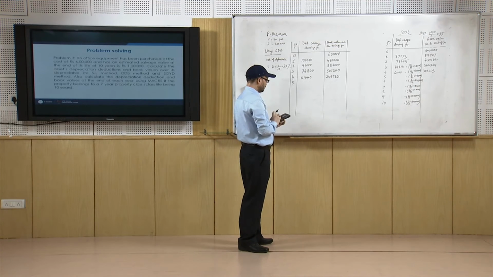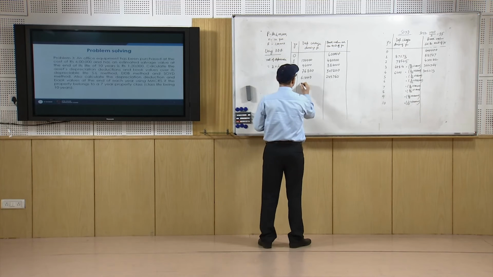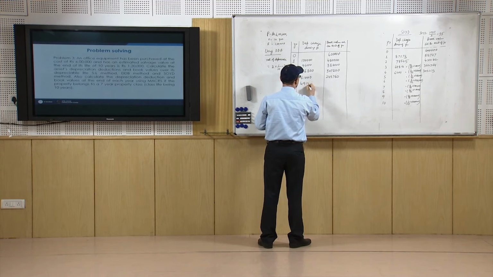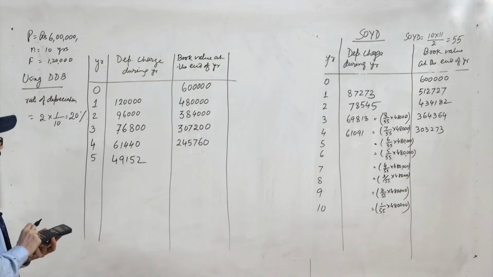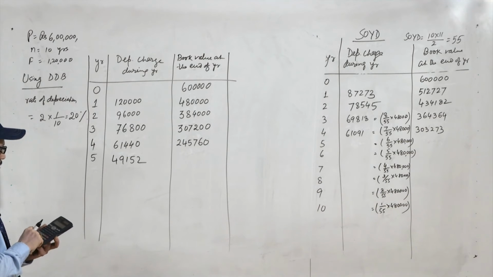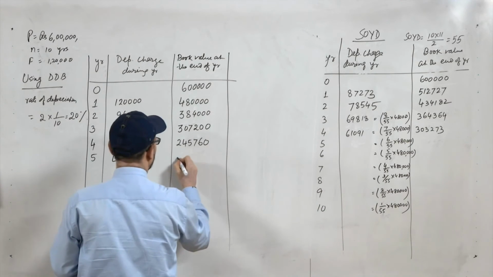So, 0.2 times 245,760, it will be 49,152 and book value comes out to be 196,608.